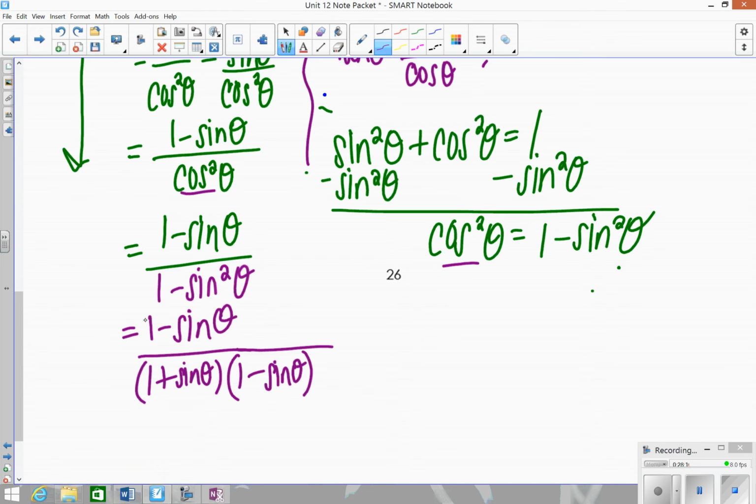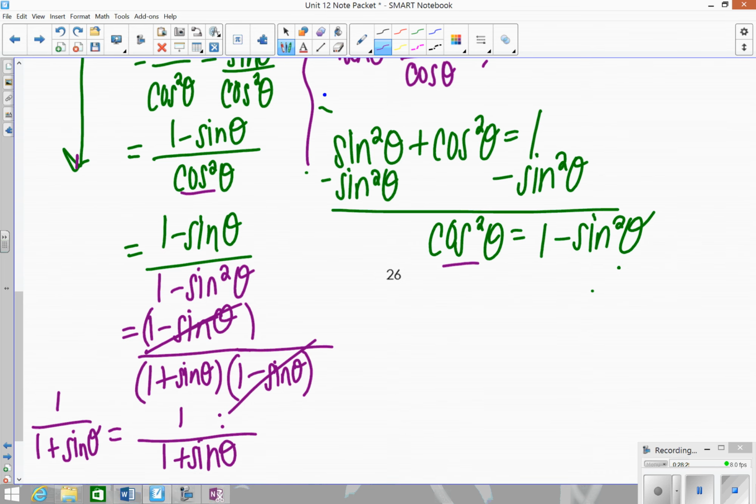At this stage, since the only thing I have in the numerator is 1 minus sine theta, I can cancel those. I'm left with a 1 on top and a 1 plus sine theta on the bottom, which is exactly where we wanted to go with this on the other side. So if I carry that down, it checks out.